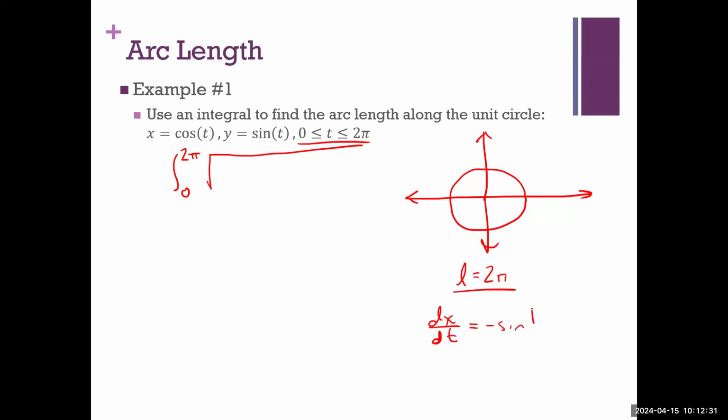Negative sine of t. And dy/dt is equal to cosine t. So we get the integral of the square root of negative sine t squared plus cosine t squared dt. So that's the setup of this integral.